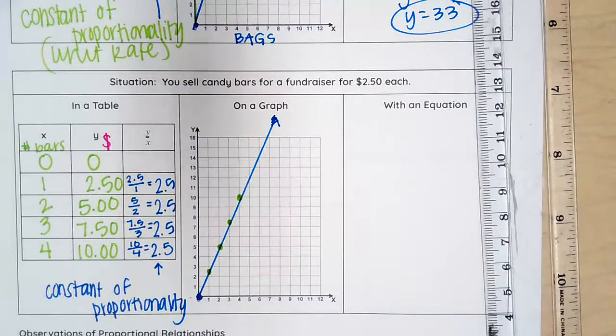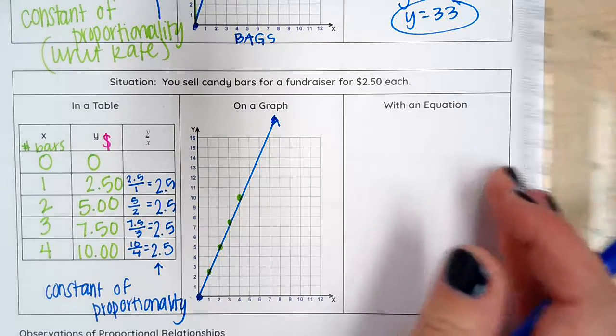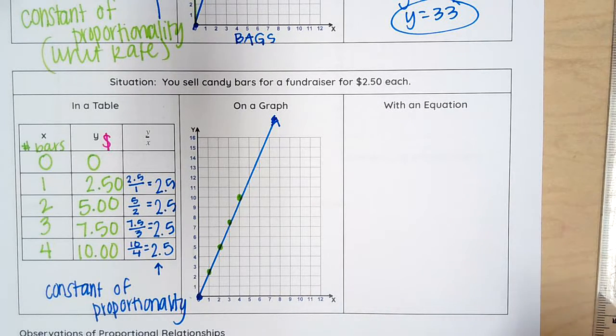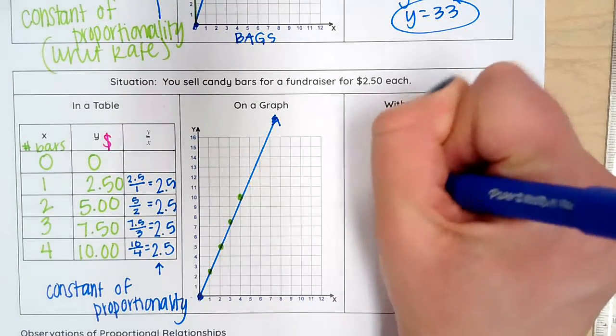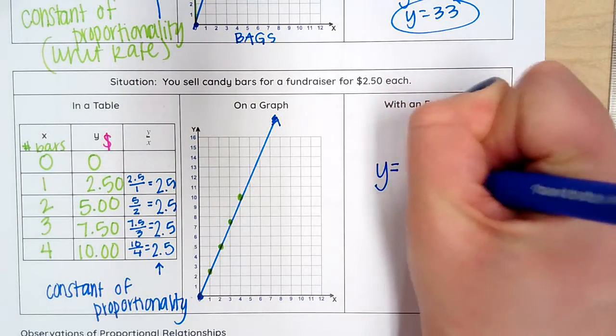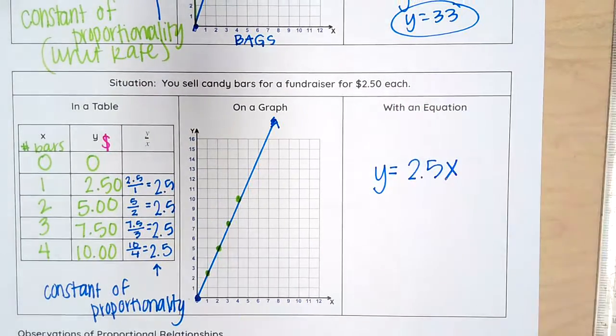Once again, we notice that this goes through the origin and remains straight. What would my equation be for this graph? So we would have an equation of y equals 2.5 times x.